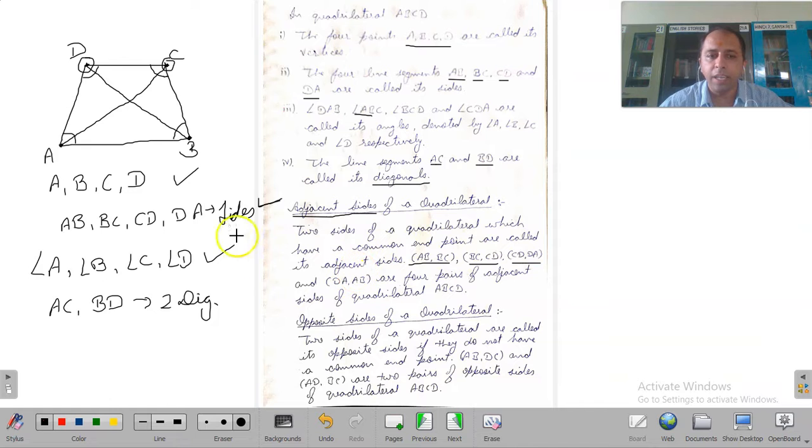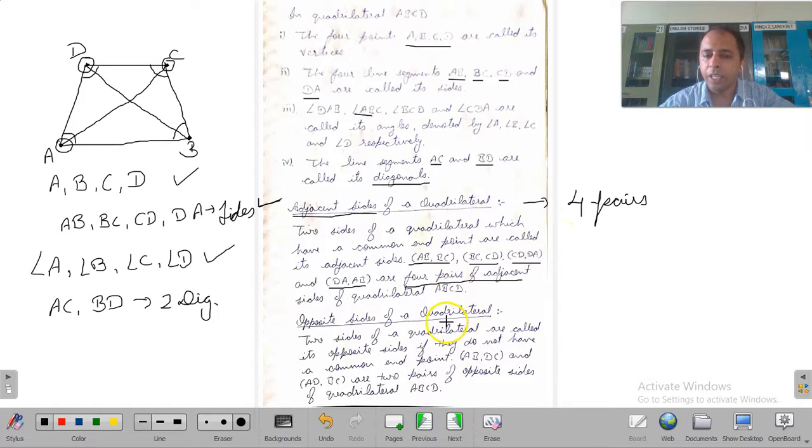And lastly, DA and AB are ending at vertex A, so they are also a pair of adjacent sides. So how many pairs of adjacent sides do we have? 4 pairs of adjacent sides in a quadrilateral.